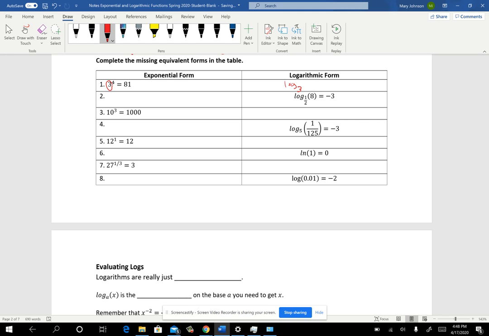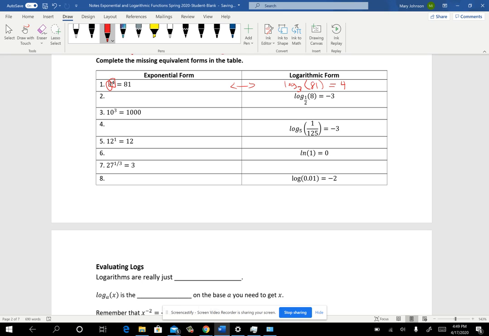So the subscript is really attached to the log, and it's part of the name of that function. Okay, the 4 right there, that's the exponent, and that's what the log equals. So it should be on the other side of the equal sign from the log. And then the 81 is what you're going to input into the log function. Okay. So these two statements are equivalent. They both say the same thing.